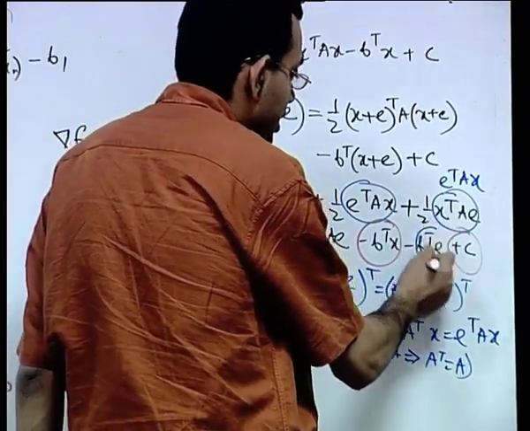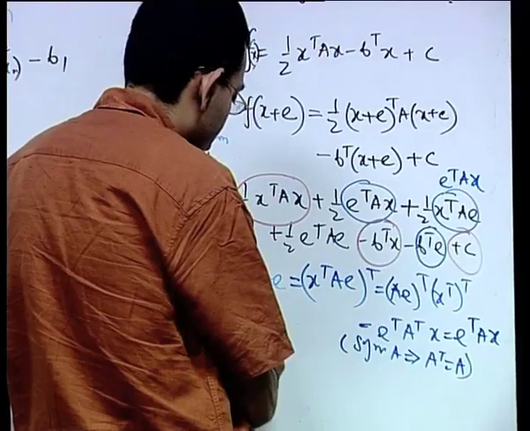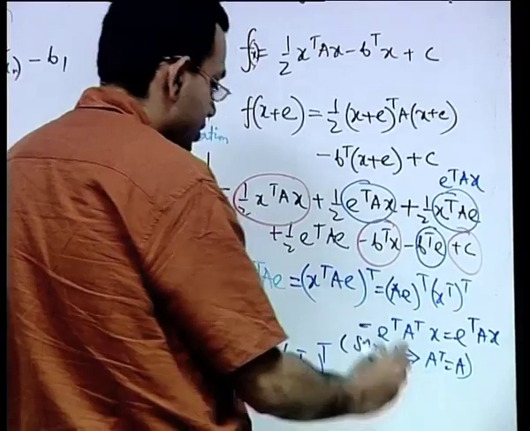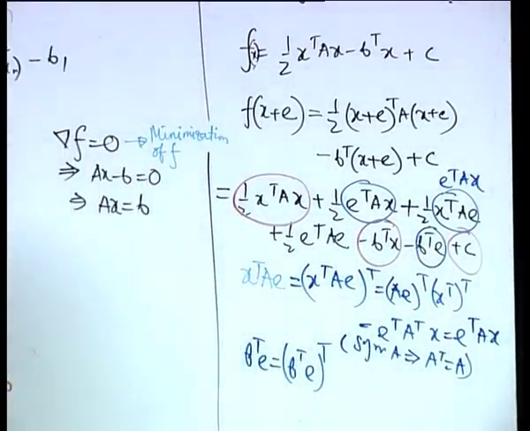Then let us consider this B transpose E. B transpose E is B transpose E transpose, because this is also a scalar.